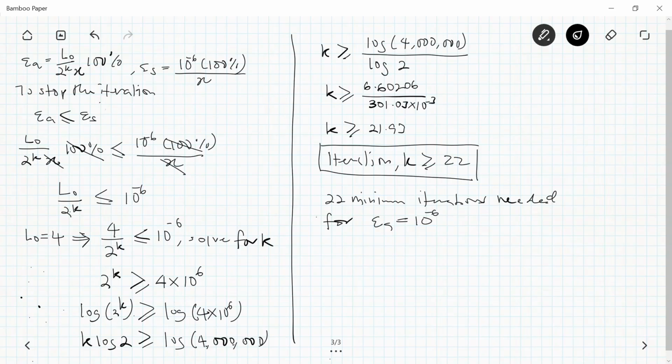Let's try and see if we get the answer. So at least 22 iterations.